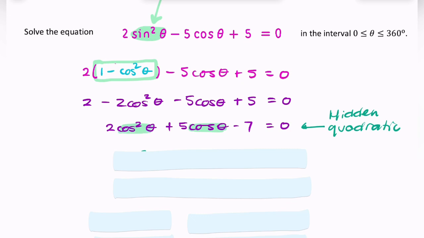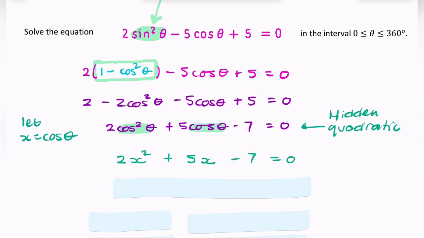So we can actually write that out. If we say let x equals cosine theta, we can now rewrite this with cosine and cosine squared replaced by x and x squared. Now it looks closer to what we recognize as our familiar quadratic.